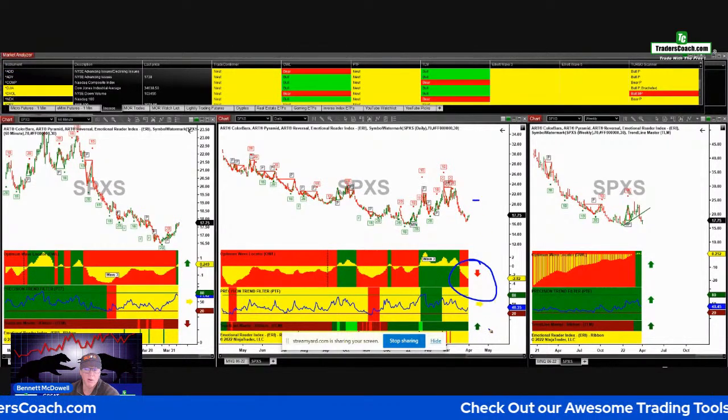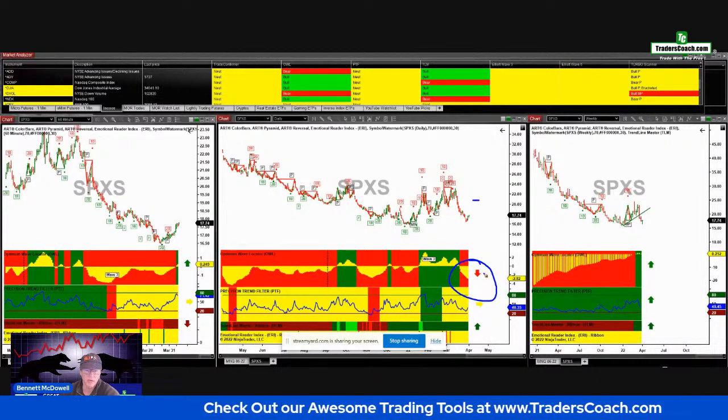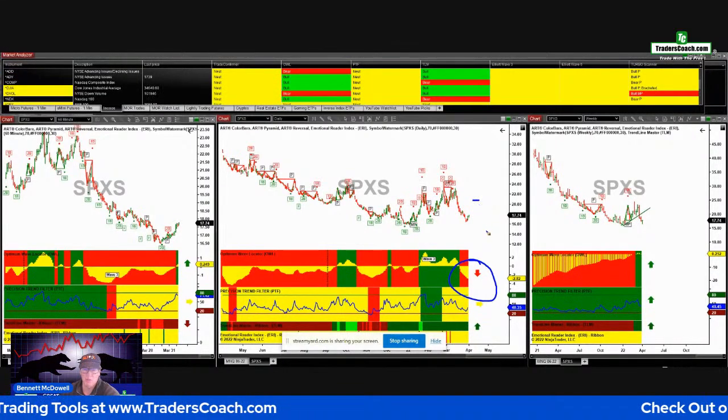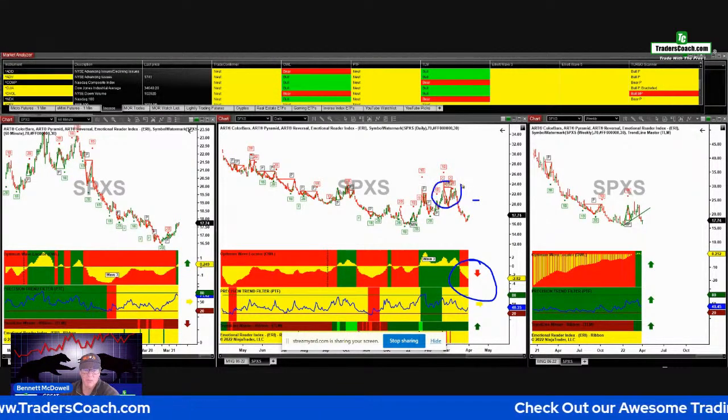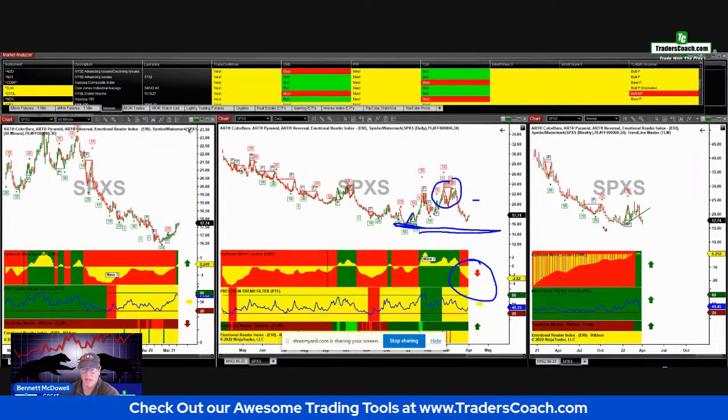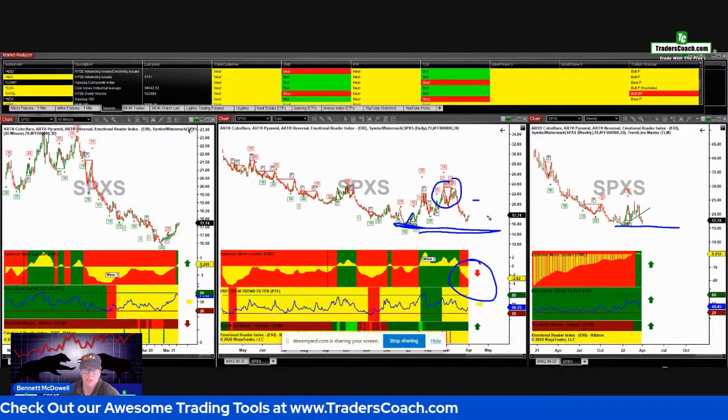Take a look at the owl and see if it's turning green. If it turns green and we get a nice pyramid here, then yeah, I would say at this particular point, you probably could take it. We've got a pyramid against us here. Basically what we're asking is, is this the bottom or not? That's basically the $1 million question.